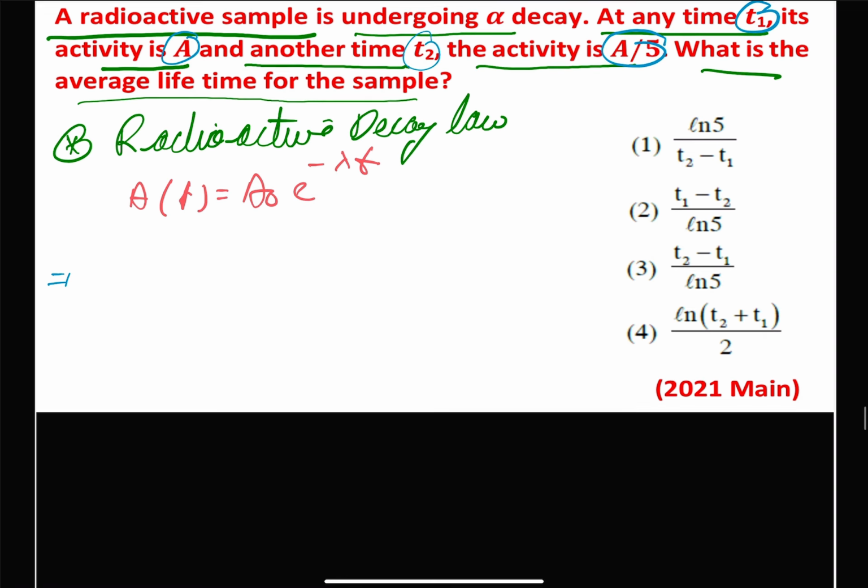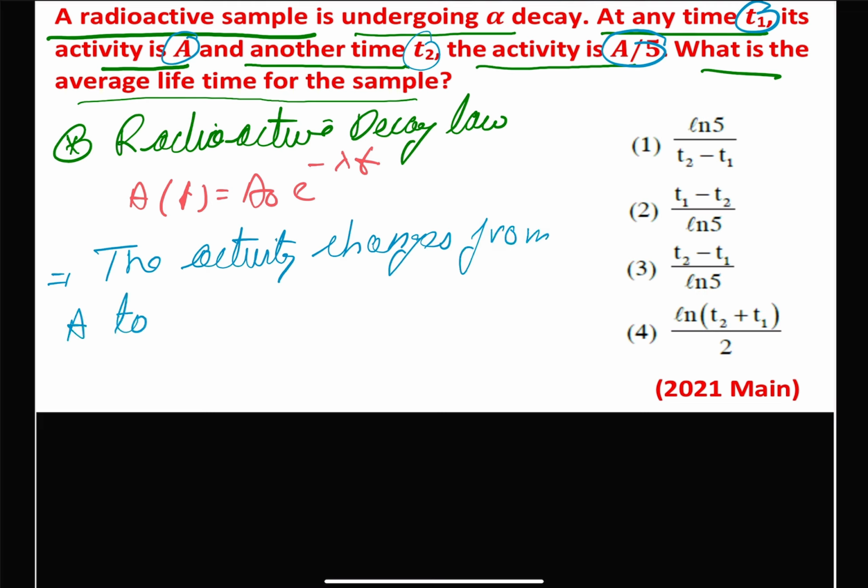Therefore, we can write that the activity changes from A to A by 5 in time t1 to t2.